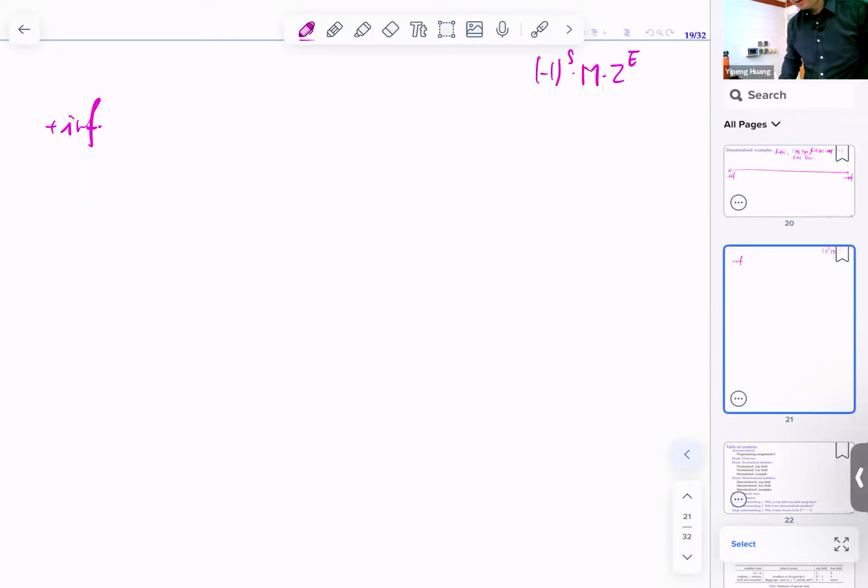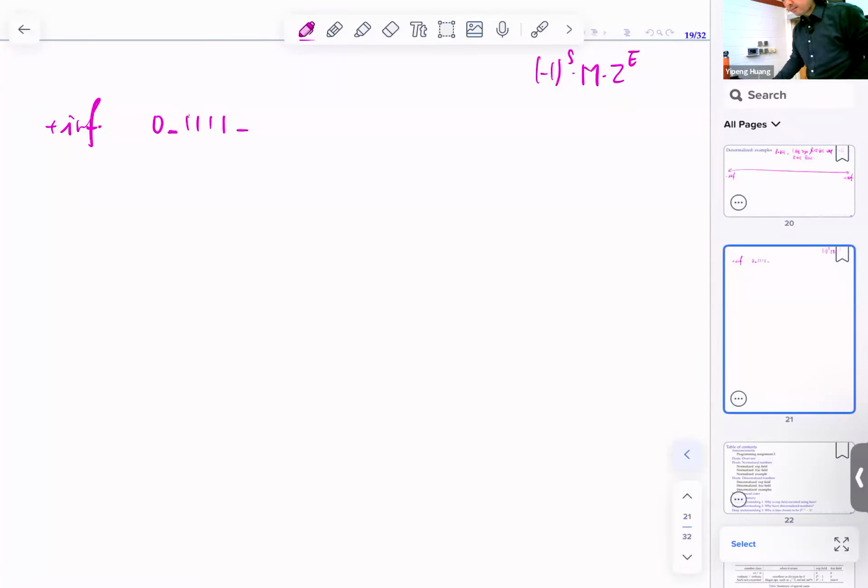So what's the sign bit? 0, right? -1 to the power of 0 is going to be a positive number. And then the rule for encoding infinity is that it's encoded in the EXP field. So 1, 1, 1, 1 indicates that this is an infinite number. It's a special case where we reserve whenever the EXP field is the maximum possible number, that just encodes infinity.